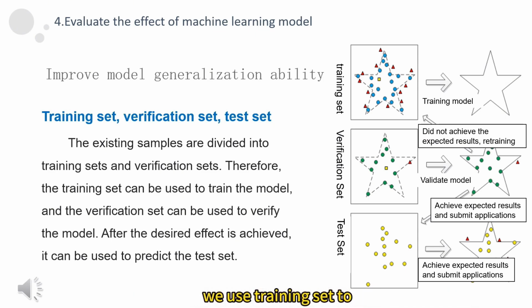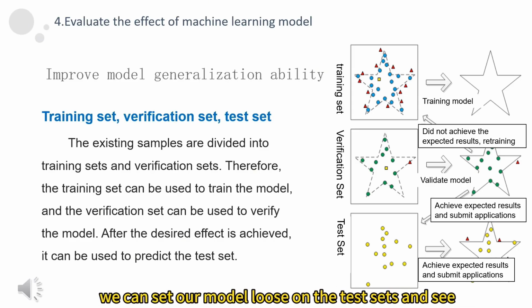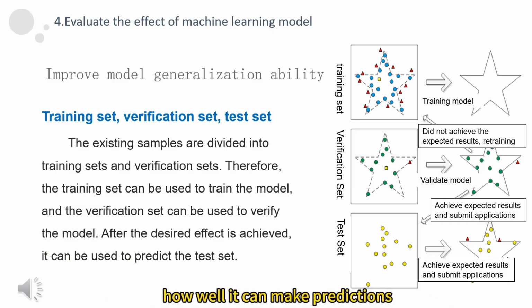We use the training set to, you guessed it, train our model. The validation set steps in to test our model and make sure it's doing its job right. Once we're happy with how things are going, we can set our model loose on the test set and see how well it can make predictions.